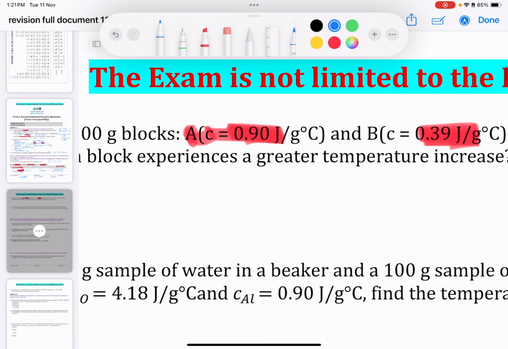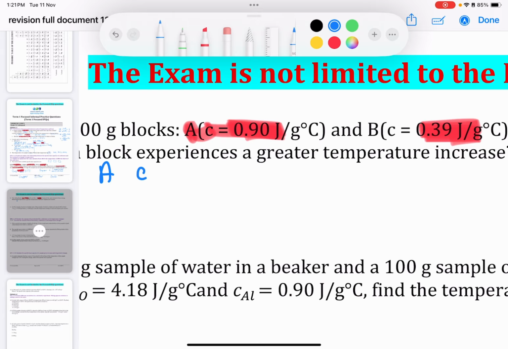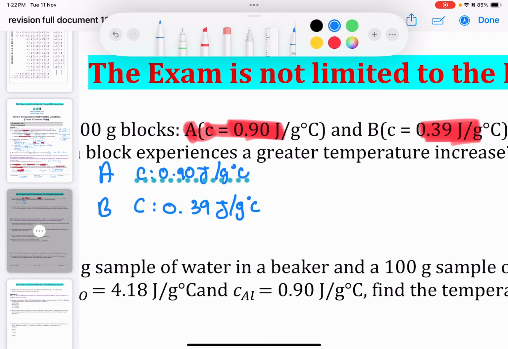So again, I'm going to show you. A needs a lot of energy, 0.90 joules for every gram to just increase 1 degree Celsius. Whereas B doesn't need this much. It only needs 0.39 joules to increase 1 gram by 1 degree Celsius. Therefore, which is going to change a lot? The one that requires less energy.